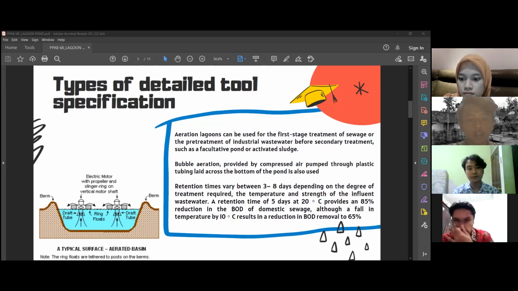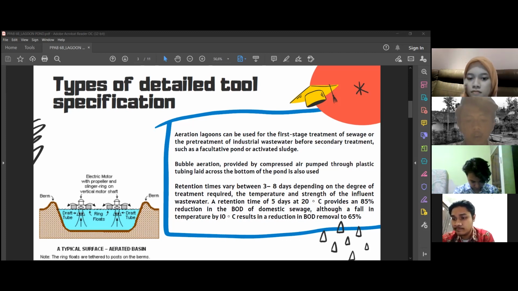Bubble aeration provided by compressed air pumped through plastic tubing laid across the bottom of the pond is also used. Retention times vary between 3 and 8 days, depending on the degree of treatment required, the temperature and strength of the influent water.